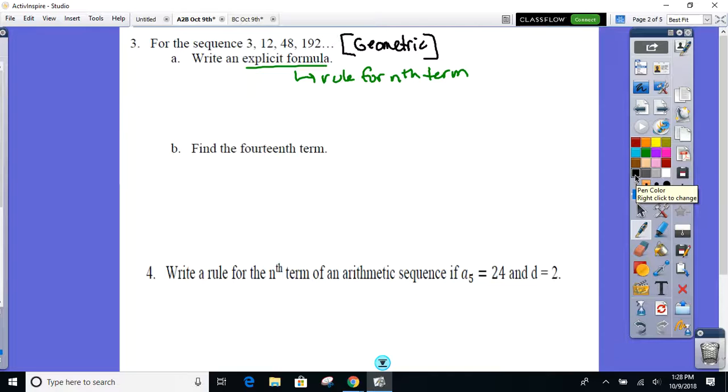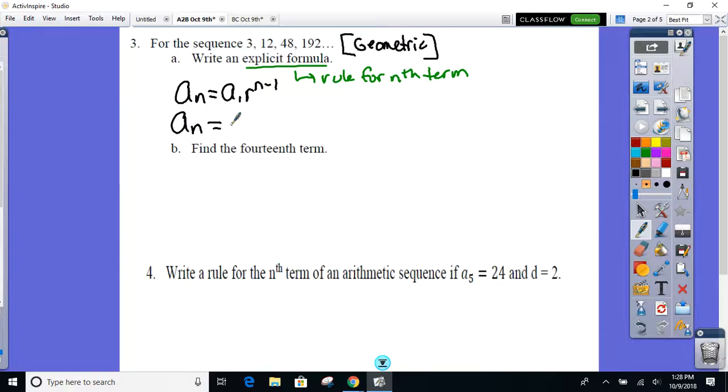I'm not really going to ask you guys for answers today because I just want to roll through this. A1 times R raised to the n minus 1, right off the formula sheet. Let's see if you guys can do it here, because 5th period took about 5 problems to pick it up. When you write an explicit formula or rule for the nth term, what do you plug in for n? N stays n.